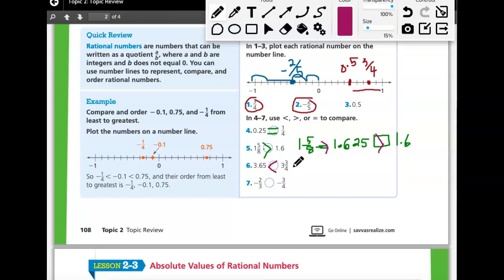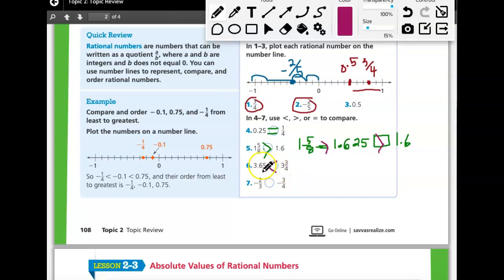So is negative 2/3 greater or less than negative 3/4? When it comes to negative numbers, we always have to think a lot more than just knowing which one is on the positive side.